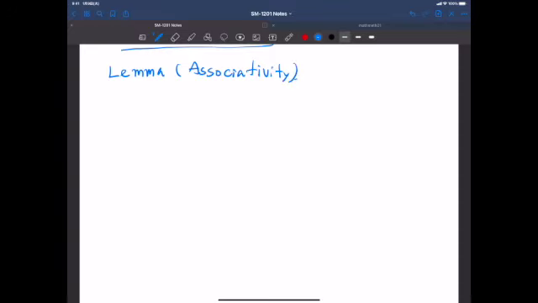Okay, what does it mean, associativity? We want to say union and intersection are associative.